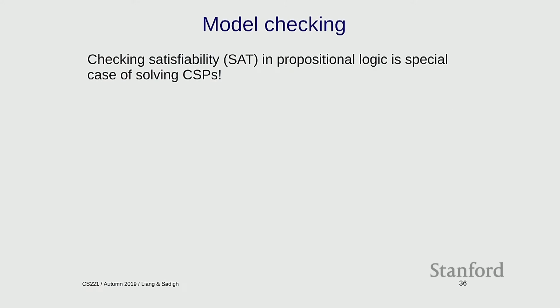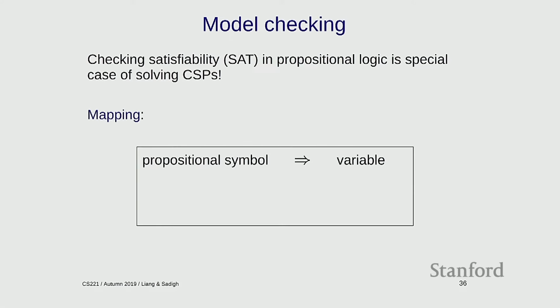So why are we reducing things to satisfiability? For propositional logics, checking satisfiability is just the classical SAT problem, and is actually a special case of solving constraint satisfaction problems. And the mapping here is we just call propositional symbols variables, formulas constraints, and we get an assignment here and we call that a model.